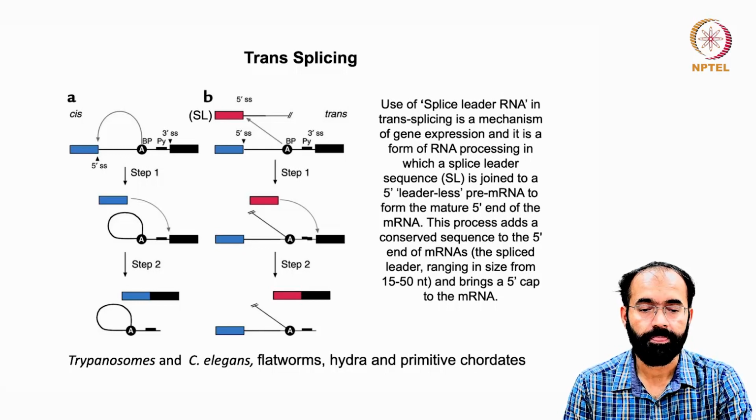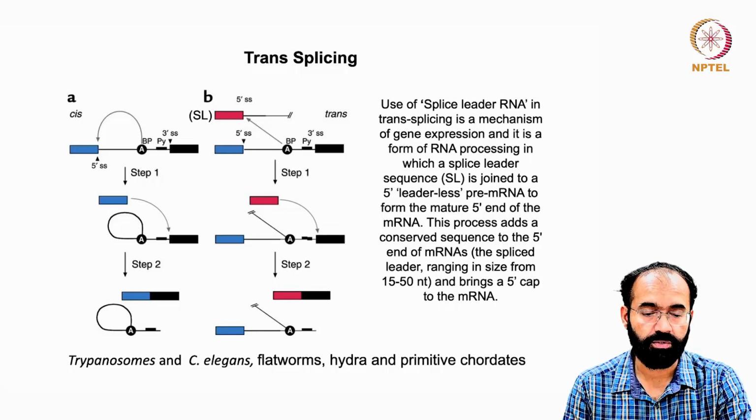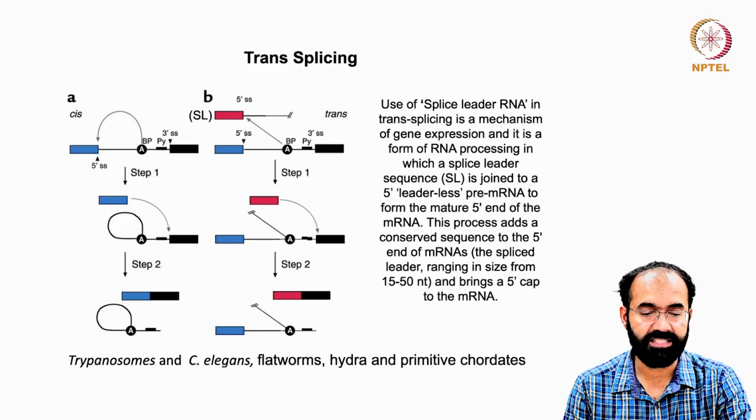In this way it has the advantage of having this extra exon, the pink colored exon, which is missing from this blue colored exon. This is a way of living for many organisms such as trypanosomes, C. elegans, flatworms, hydra, and also several primitive chordates.